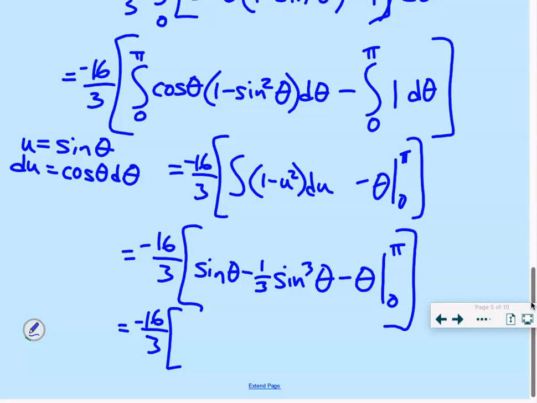What's fun is sine of pi is 0, so you get 0 minus pi minus 0 minus 0 minus 0. So what do you end up with? 16 thirds pi. All right, I'm so curious if this is the right answer.